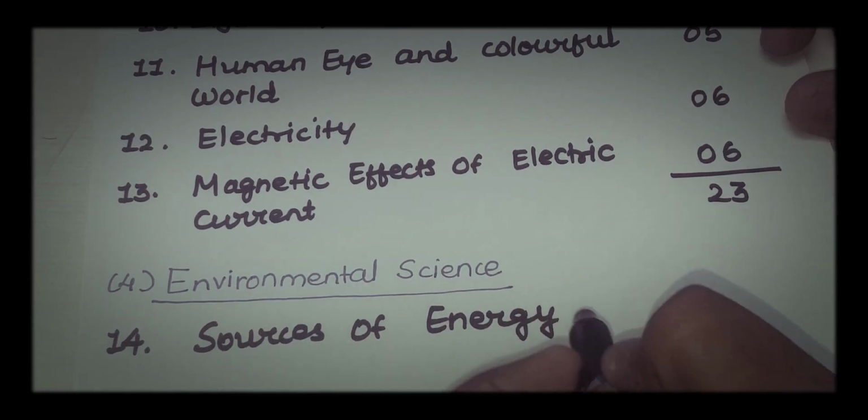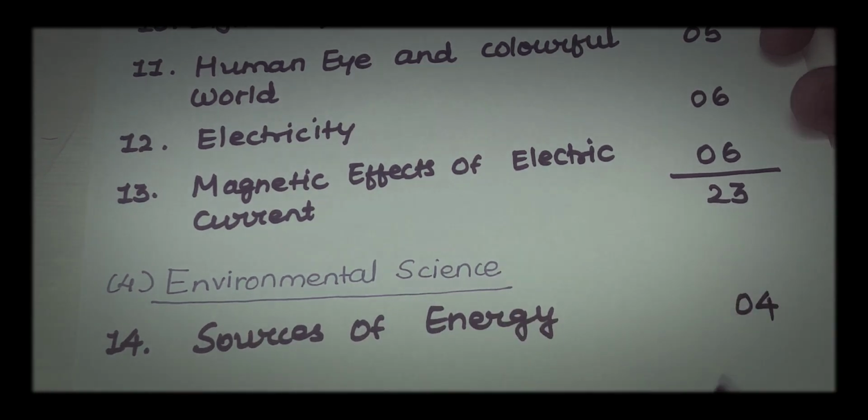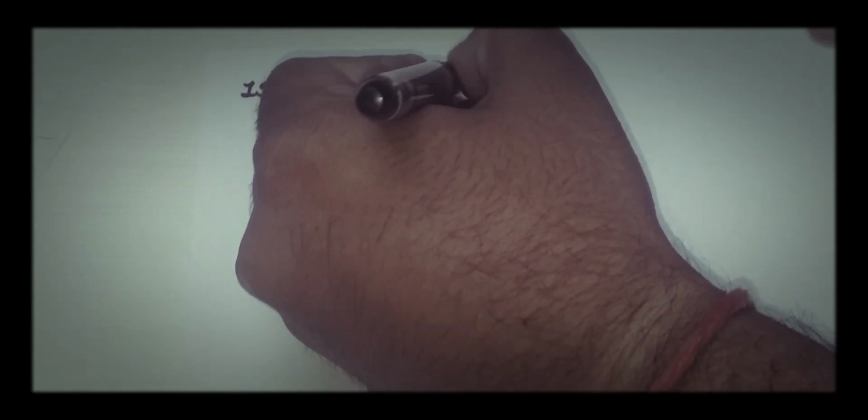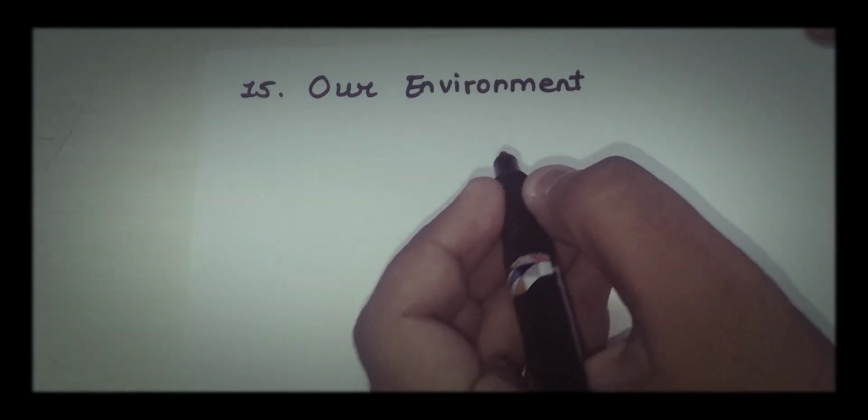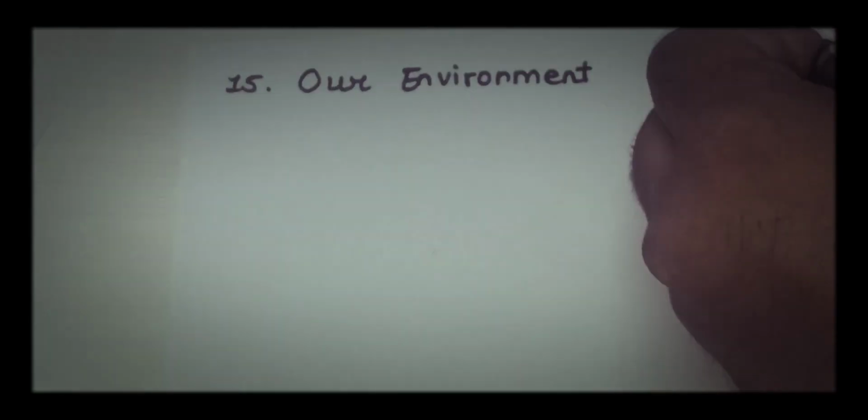Sources of energy, and the weightage of this chapter is 4 marks. Then our 15th chapter is our environment. Our environment. The weightage of this chapter is 3 marks.